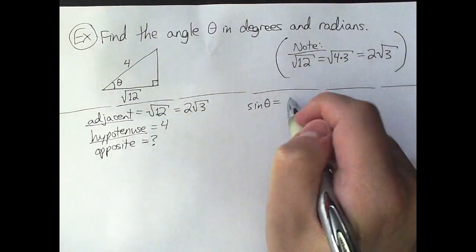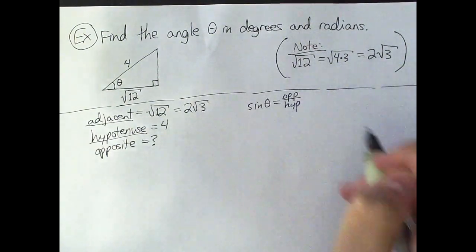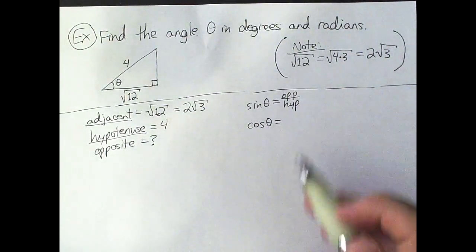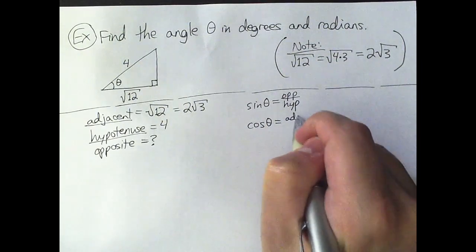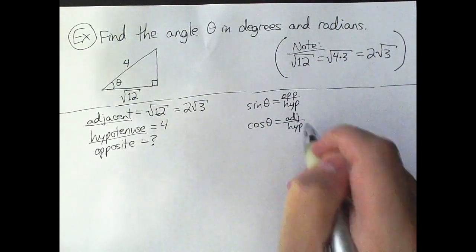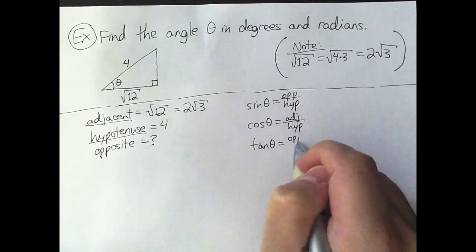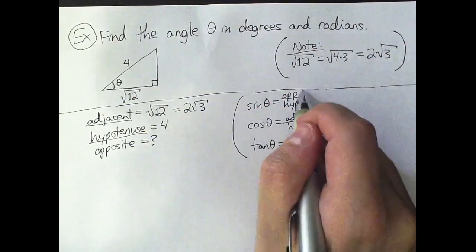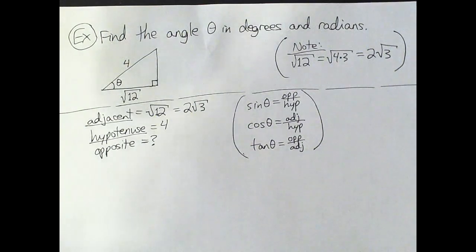Sine of theta is opposite over hypotenuse. Cosine, this is the only time today that I'm going to write this out, is adjacent over hypotenuse. And tangent of theta is opposite over adjacent. So we should know these from the previous lesson, and I'm not going to write them every time. But which of these three do you think would be the best to work with for this problem?